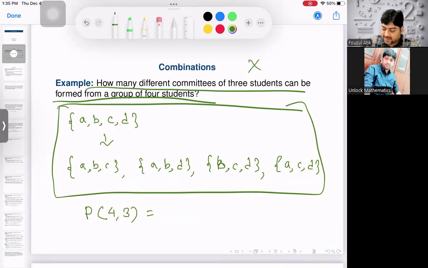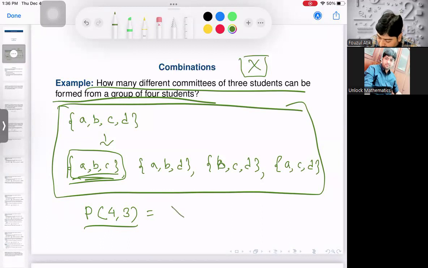So my point is, this X many ways you can select 3 students from a group of 4 students. And for each of these 3-element subsets, how many ways can you arrange them? We know that you can permute them in 3 factorial ways, right?